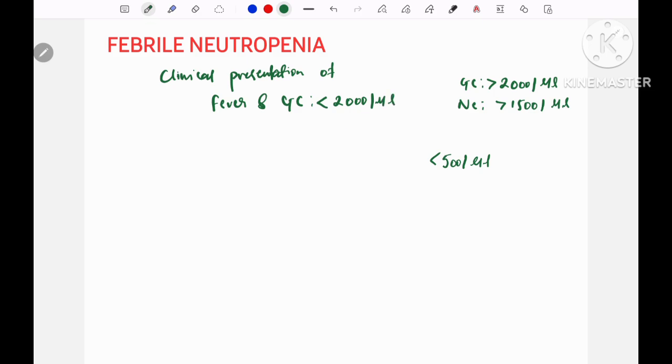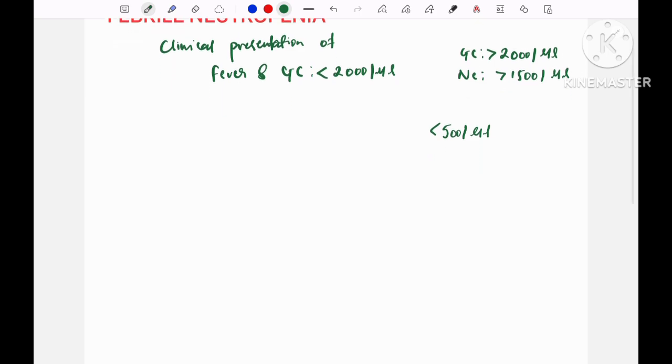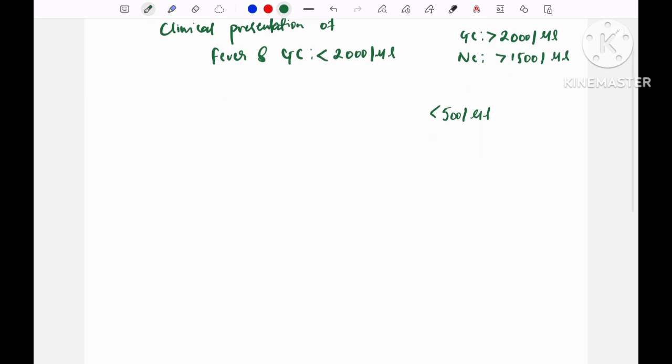And in Harrison, the febrile neutropenia definition is written as fever along with a neutrophil count less than 500 per microliter, then it is febrile neutropenia.